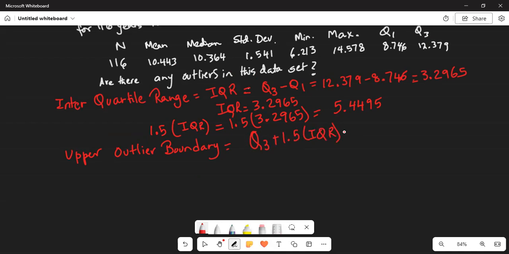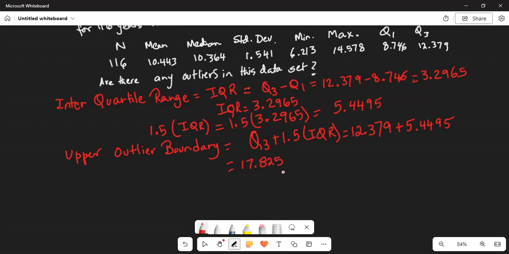So my Q3 is 12.379 plus 1.5 IQR, which is 5.4495. So the upper outlier boundary is equal to 17.8285.